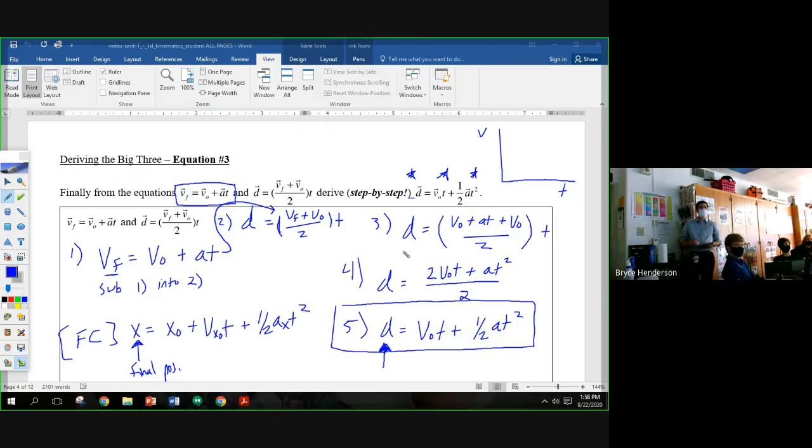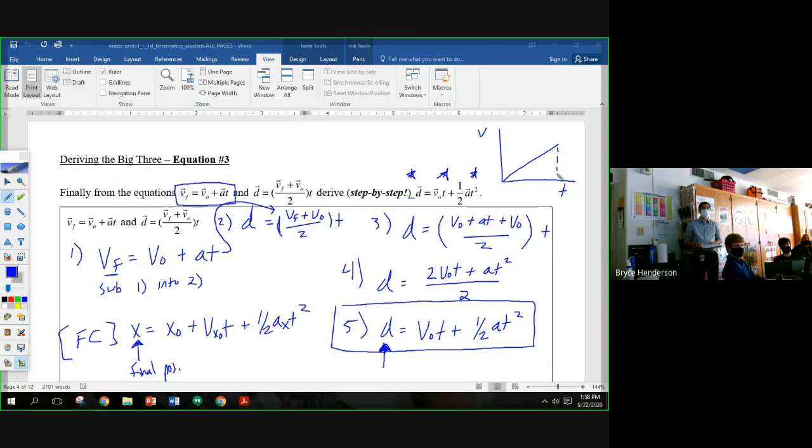If we're showing an object that's accelerating, these are all acceleration equations, what would the velocity time graph look like for an accelerating object? I'm seeing diagonals drawn in midair. Okay. If I'm looking at this formula, I'm thinking about displacement, what do I look at on the graph? Area under the curve.